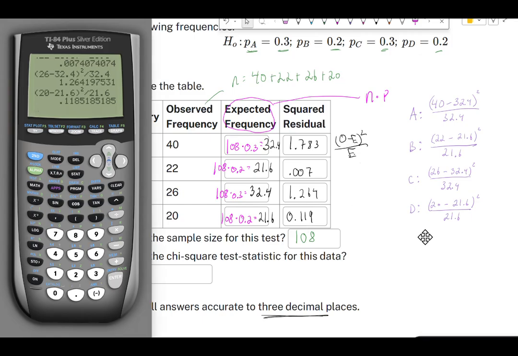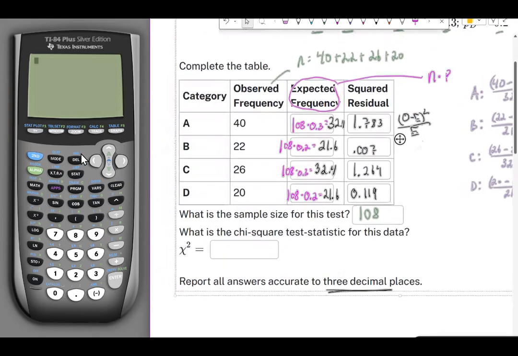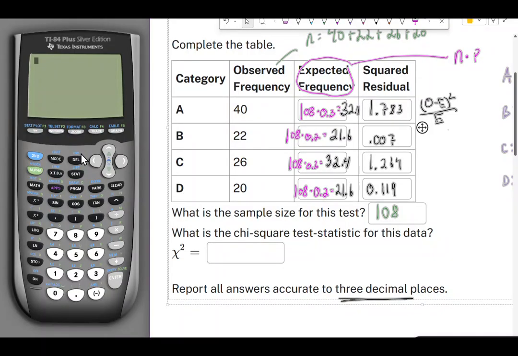Sorry about that. I was also getting ready with the next step in the calculator. So to find the chi-squared test statistic for this, we're just going to add up all of these values.